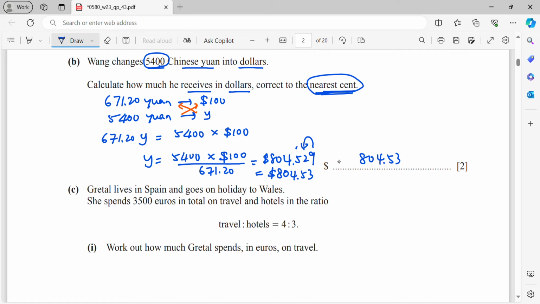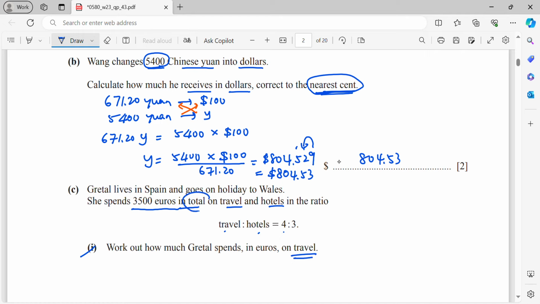Okay, part C. Greta lives in Spain and goes on holiday to Wales. She spends 3,500 euros in total on travel and hotels in this ratio. So travel to hotels, the ratio is 4:3. Now, first part, work out how much Greta spends in euros on travel.